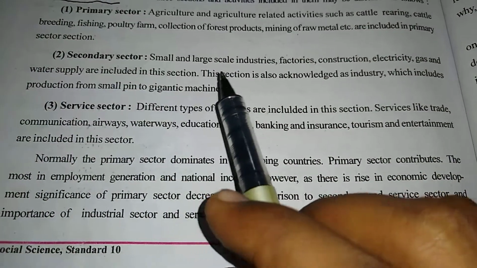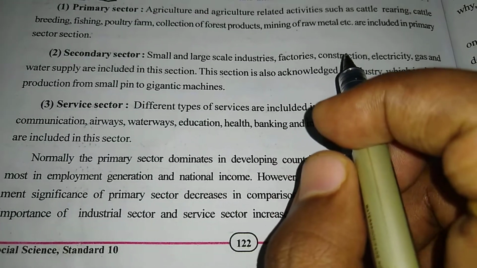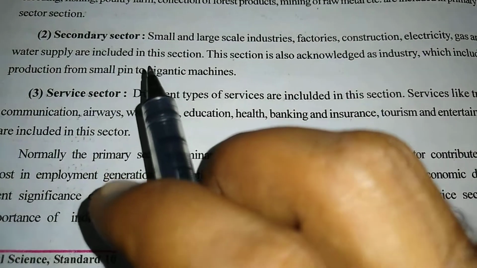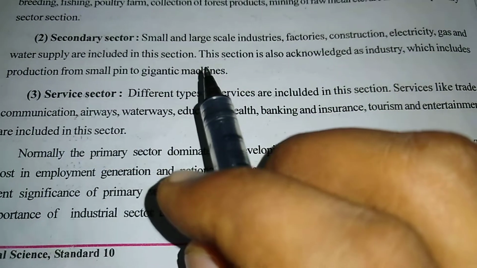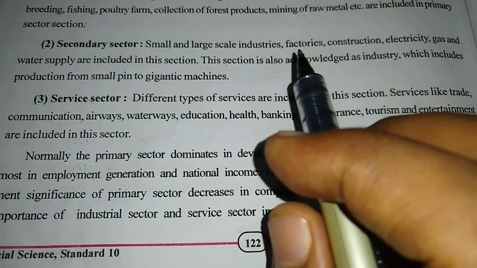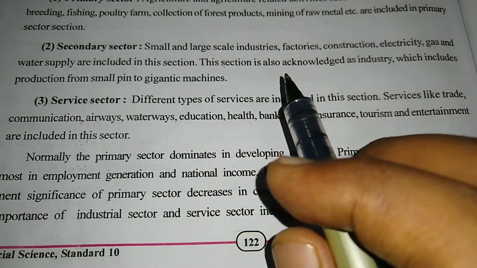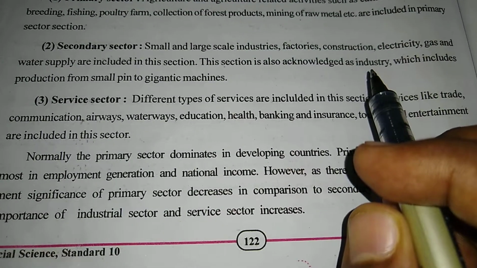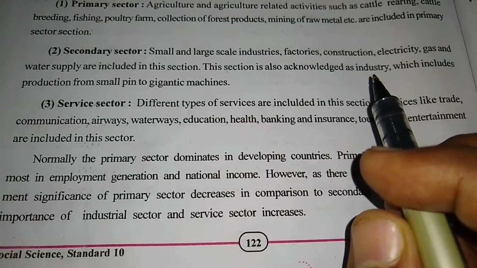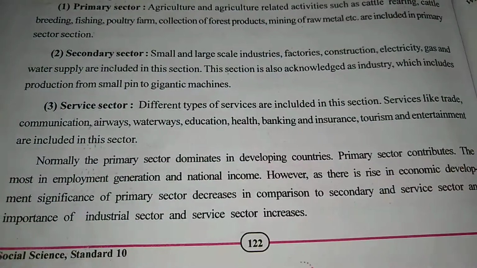Small and large scale industries, factories, construction, electricity, gas and water supply are included in this section. So it is related with factories, industries, construction. And this section is also acknowledged as industry because it produces something, which includes production from a small pin to a gigantic machine.